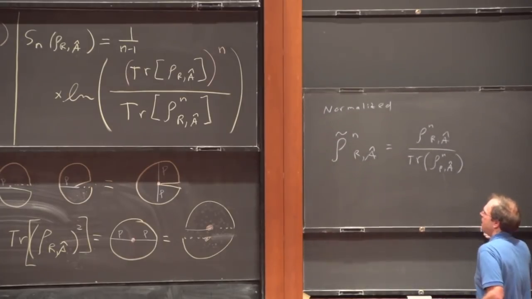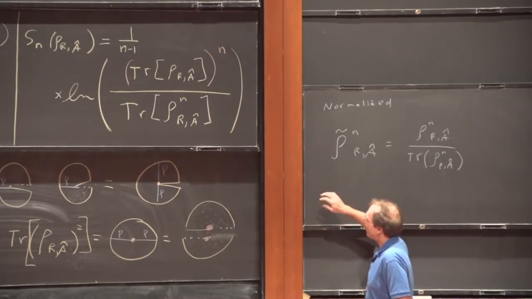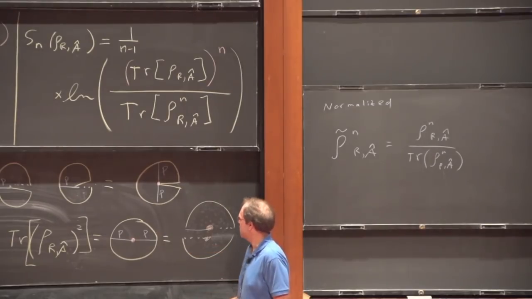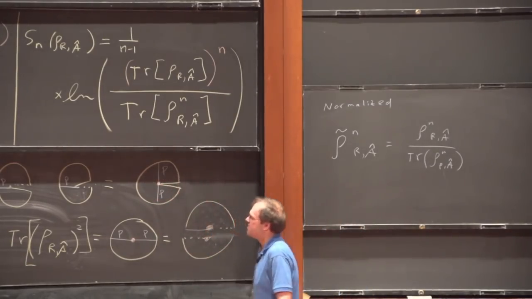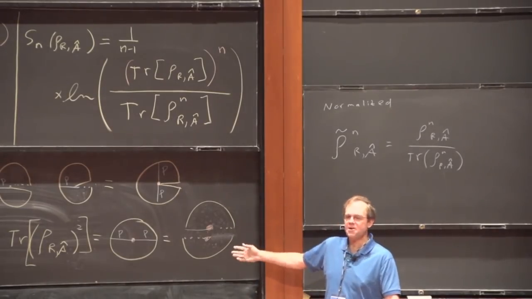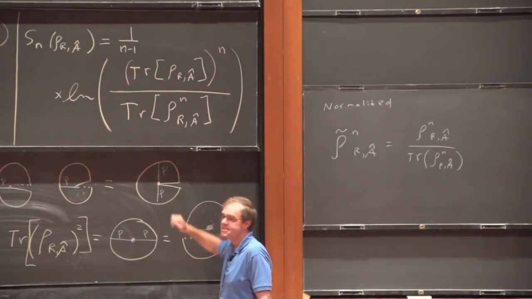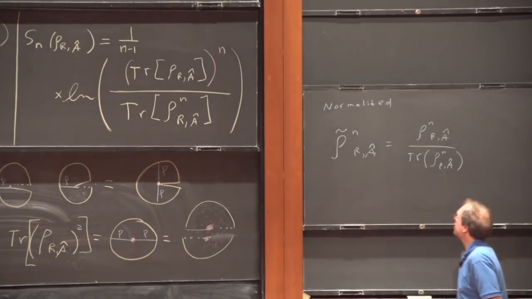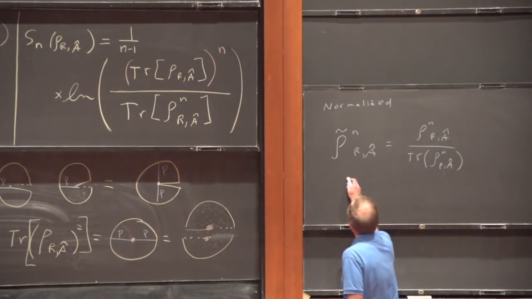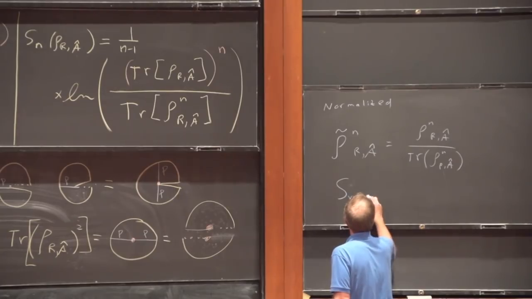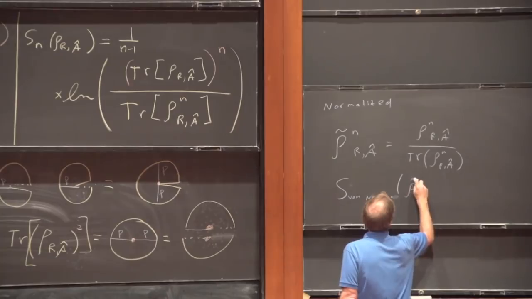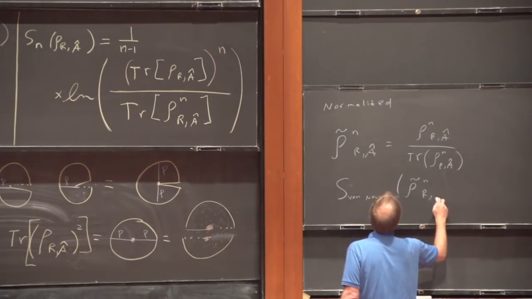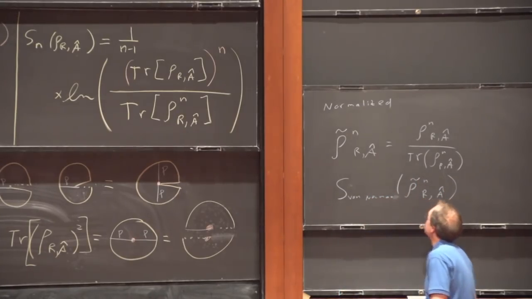And the point is that I've actually just argued that this squared density matrix could be thought of as a density matrix itself for a CFT state on some slightly singular geometry. And as a result, it makes sense to talk about the von Neumann entropy of this normalized version of the power density matrix, of the replica density matrix.